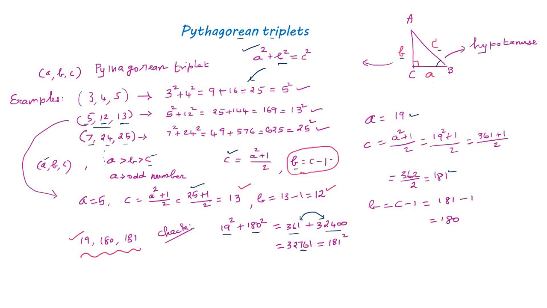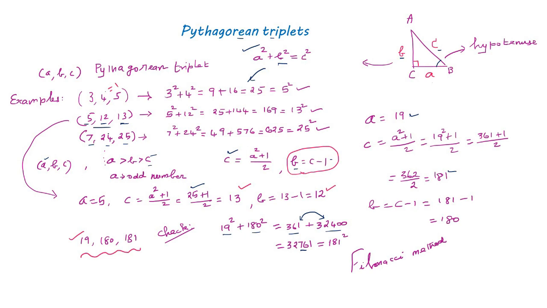We have to note a few more things in this. As I already told, this method is based on the Fibonacci method. You might have noticed in these triplets, here you have 4, here you have 5, so the difference is 1.